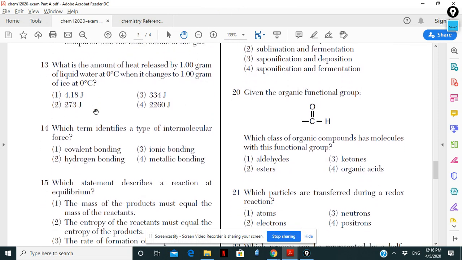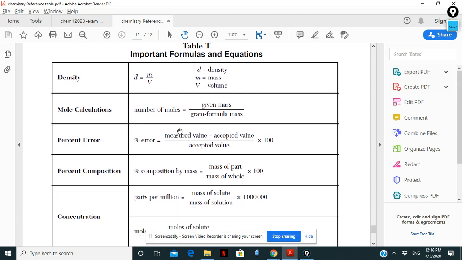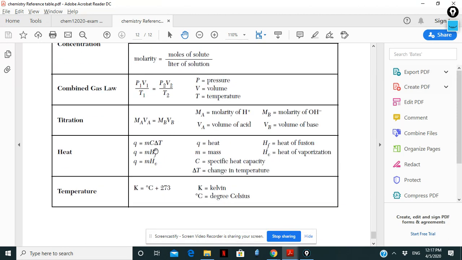Now, what is the amount of heat released by 1 gram of liquid water at 0 Celsius when it's changed to 1 gram of ice? So that's the freezing point. So I'm looking for the formula. I'm talking about heat, so it's going to be the heat of fusion, the same amount.